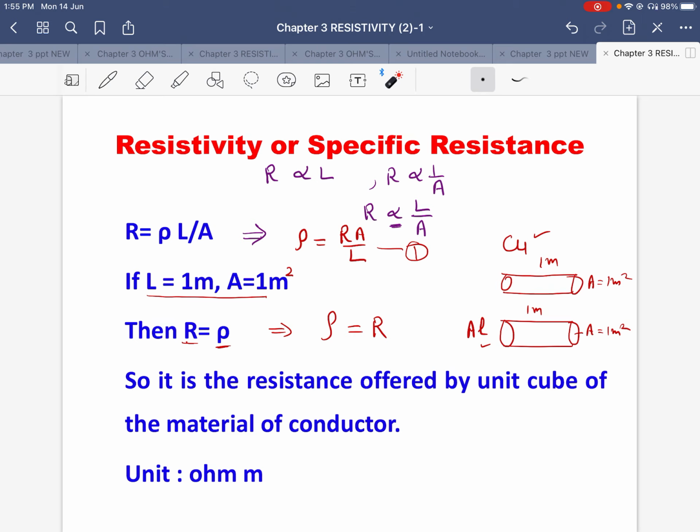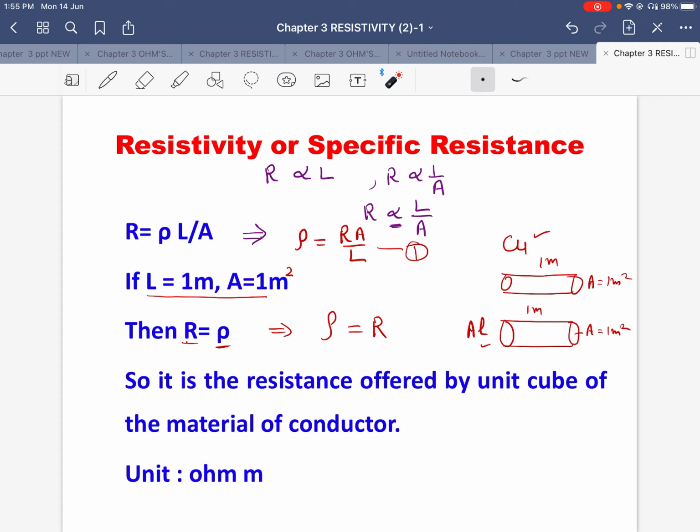Dimensions means it will not vary with the length as well as area of cross section, because in definition we are considering resistivity is that resistance of a given material whose length is 1 meter, area of cross section is 1 meter square, means dimensions are fixed. So resistivity of material will not change with length as well as area of cross section. It is independent of the dimension.